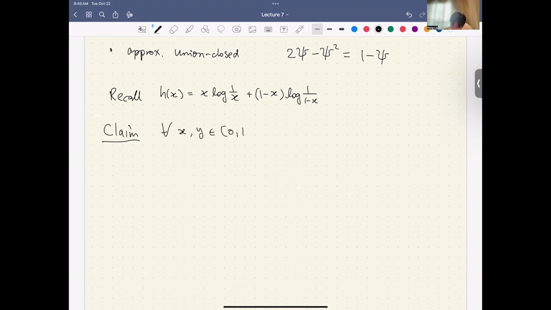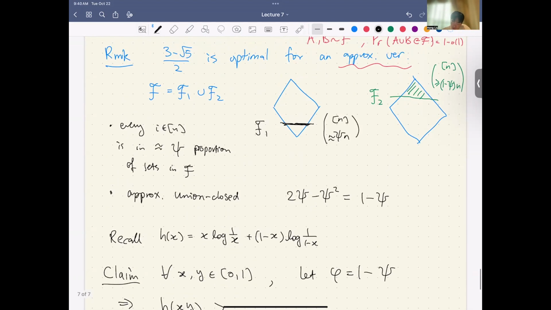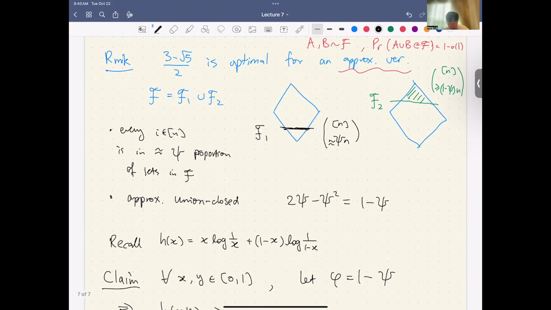For any x, y, we have the entropy function of xy, the product, is at least, and we're going to let little phi be 1 minus this capital phi we defined above. Okay, it's 1 minus this guy, which is what? Square root of 5 minus 1 over 2.